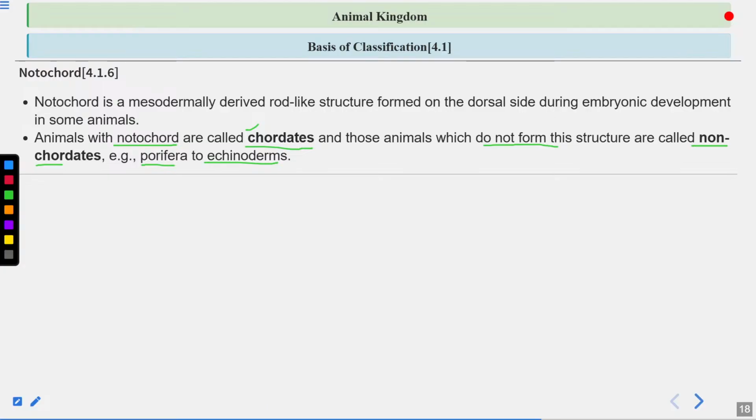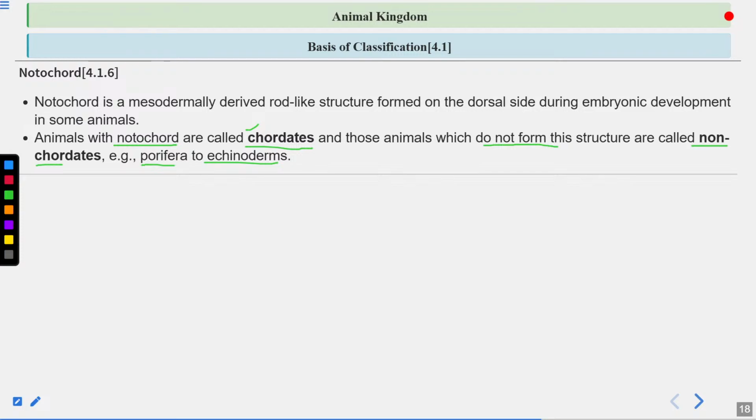They do not have any notochord either in the embryonic stage or in adulthood. That is why they are called non-chordates.